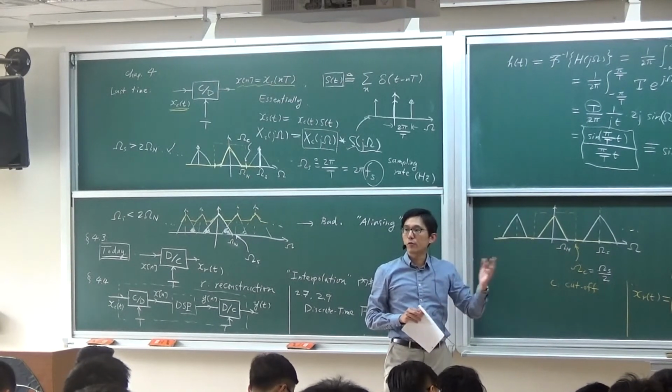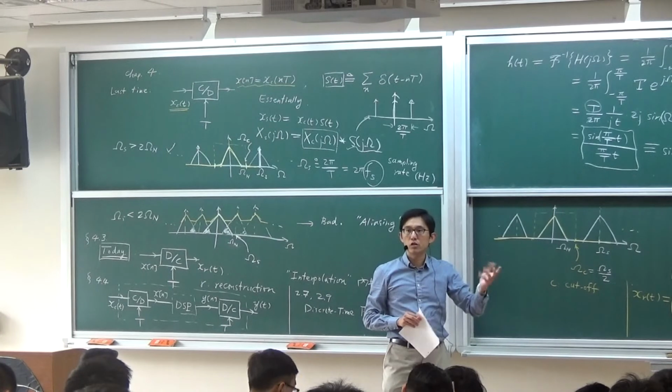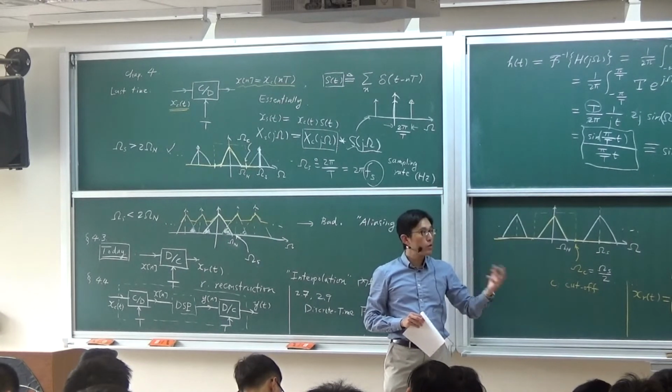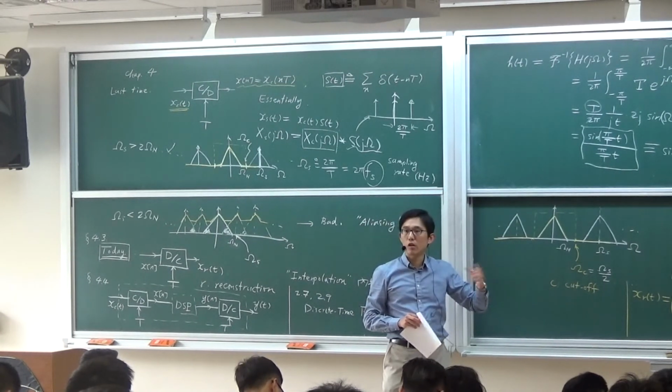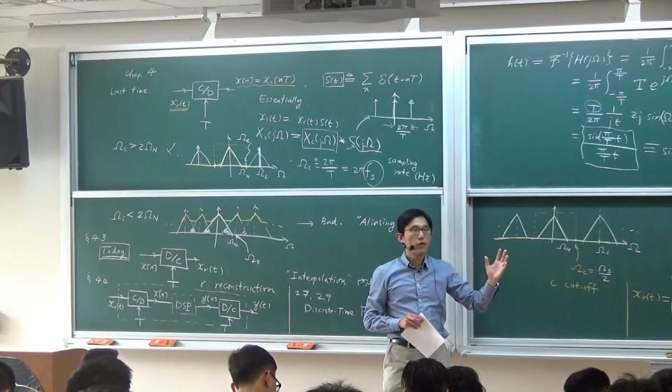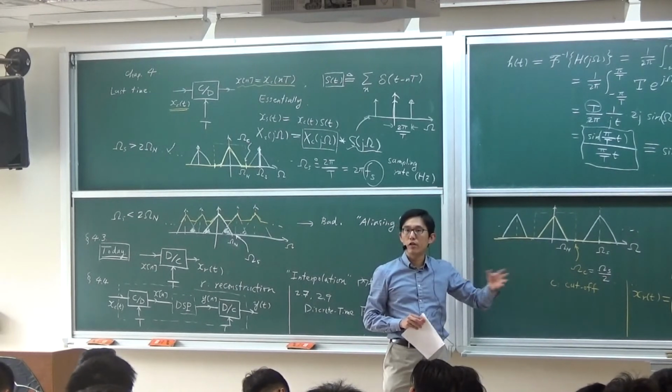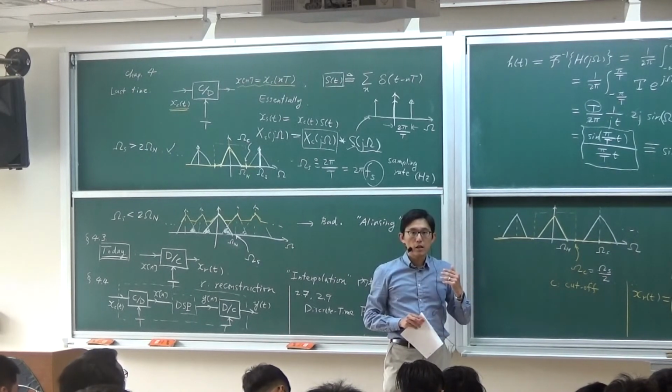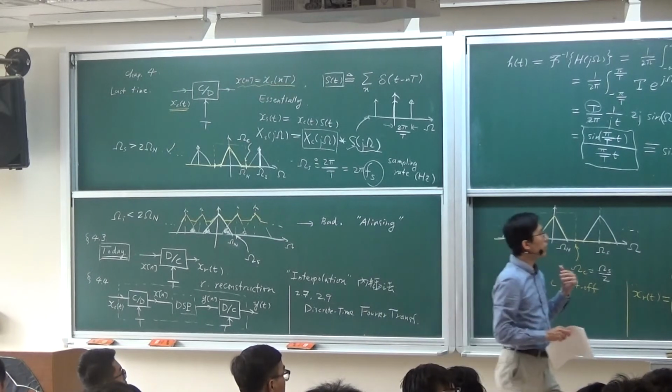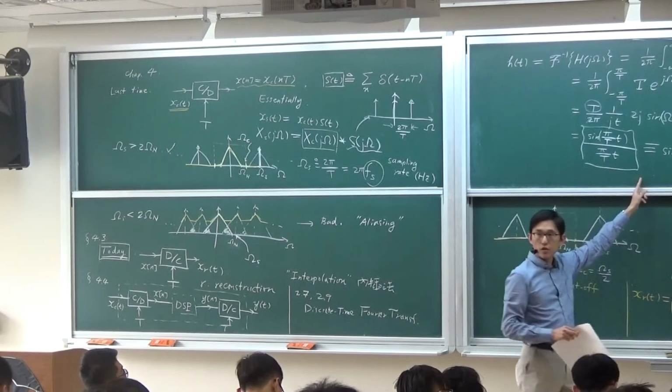A low-pass filter in the frequency domain corresponds to convolution in the time domain. So we need to calculate what exactly we are convolving with, and that is the impulse response of the ideal low-pass filter.